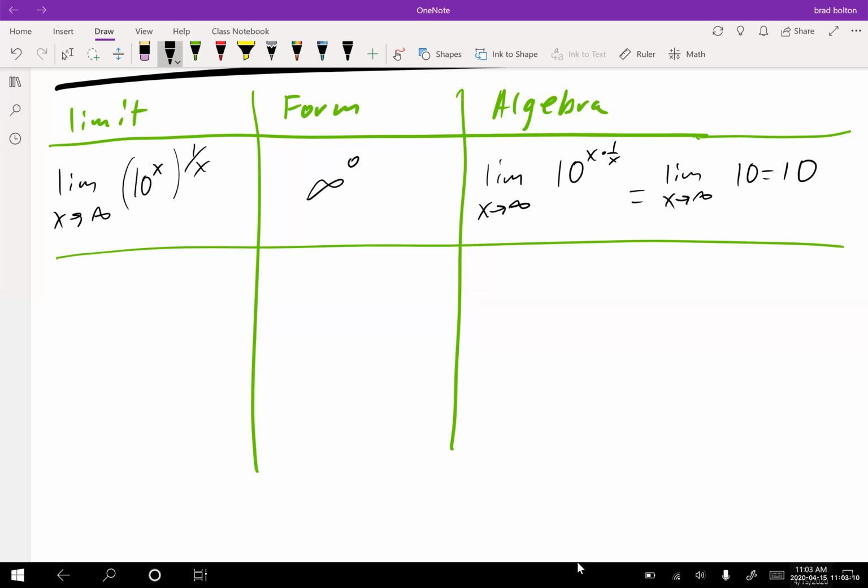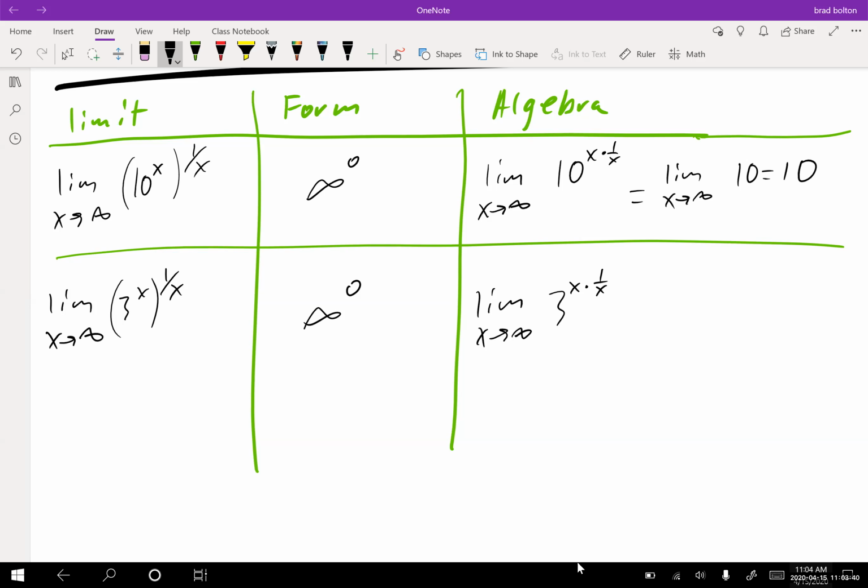Another one we can look at is the limit as x approaches infinity of 3 to the x, 1 over x, which we know would be 3 to the infinity, which is infinity, to the 0 again.